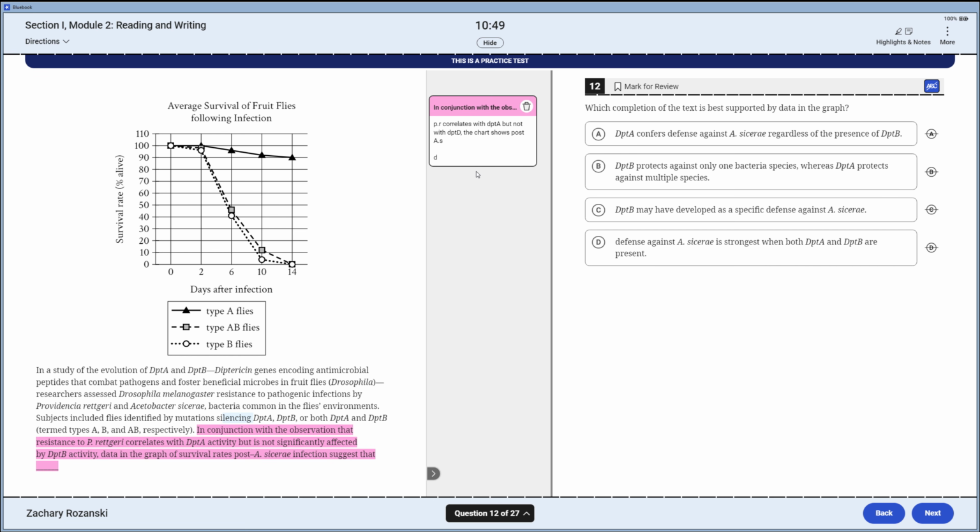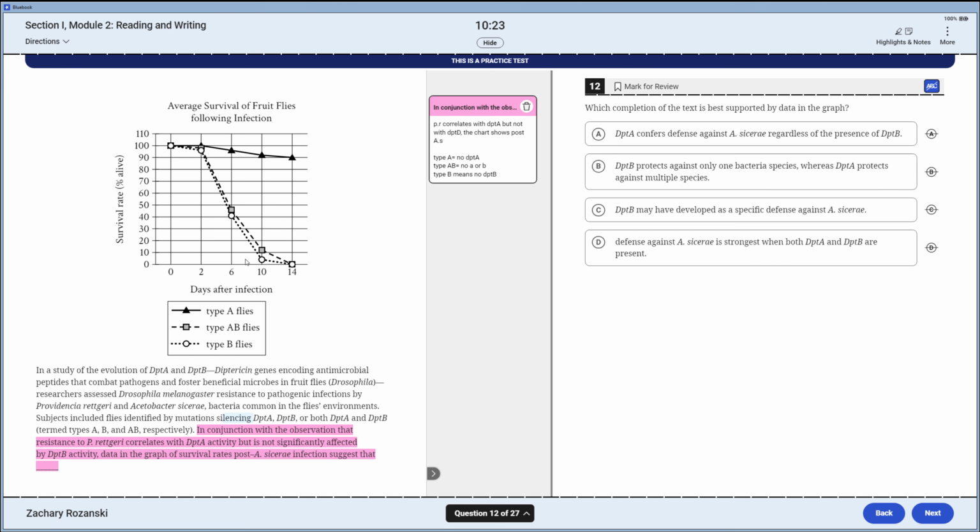What it means to say type A equals no DPTA. Type AB equals no A or B, and then type B means no DPTB. It's even out of order for what you would think.